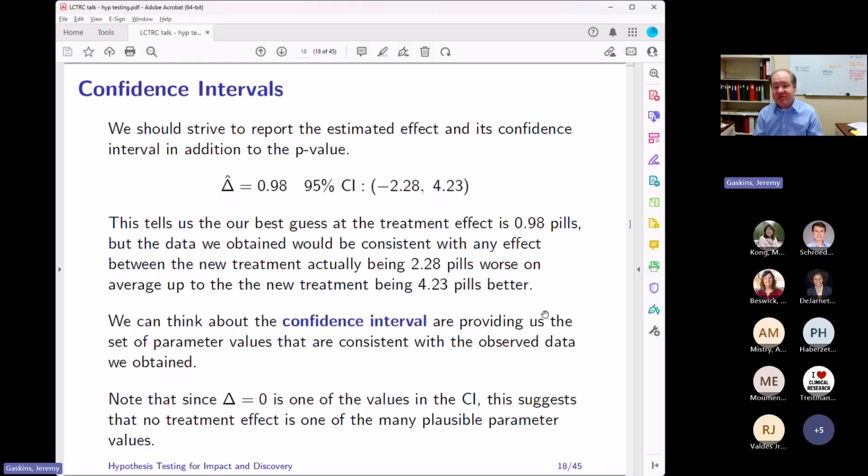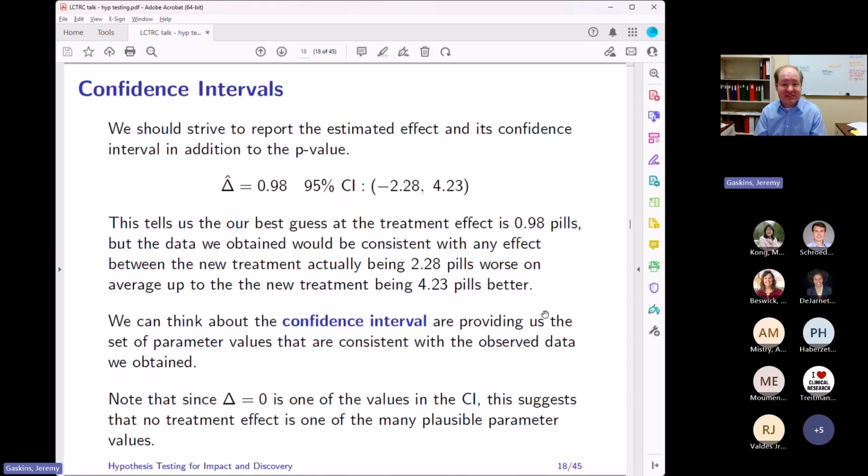Clearly, I can see that the null hypothesis value of delta equals 0 is one of the values in my confidence interval, right? So how should I be thinking about that? Well, my confidence interval represents the plausible set of values for my population parameter. Delta equals 0 is in my interval, so a treatment effect of 0 is one of the many plausible values for my true treatment effect delta.